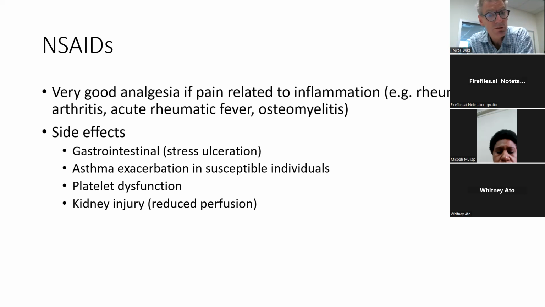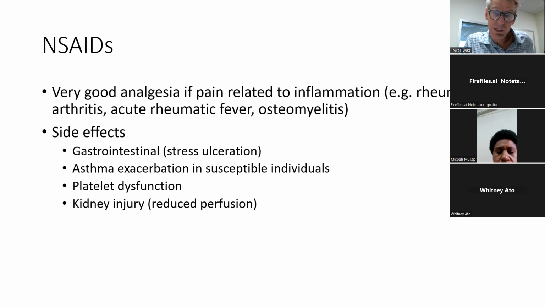Non-steroidal anti-inflammatory drugs can also exacerbate asthma in susceptible individuals. So if a child's got asthma, I don't give them non-steroidal anti-inflammatory drugs unless there's a very good reason, because it can exacerbate bronchoconstriction, again, which is prostaglandin dependent bronchodilation. They can also lead to platelet dysfunction.